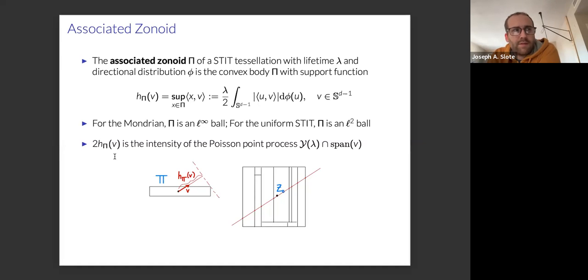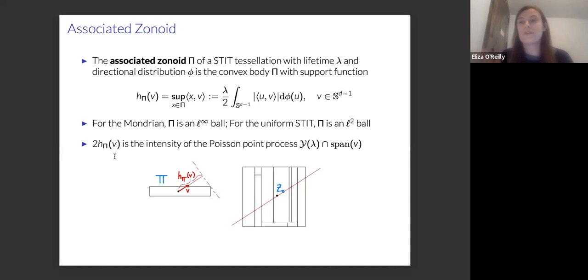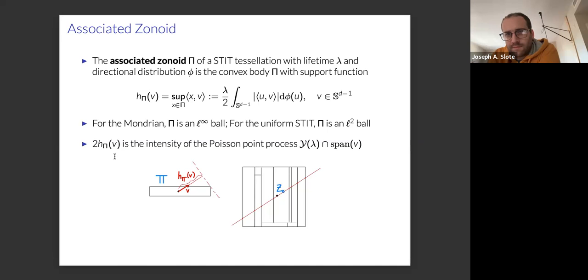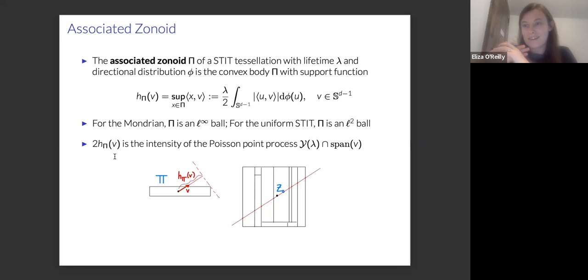So the weight is the integral of the width of the cell with respect to the directional distribution. And then you sample the direction from that. Does that make sense? So you have this measure of the cell, the directional distribution weighted by the width. You normalize that to get a probability distribution. That normalization constant is the parameter of your clock.